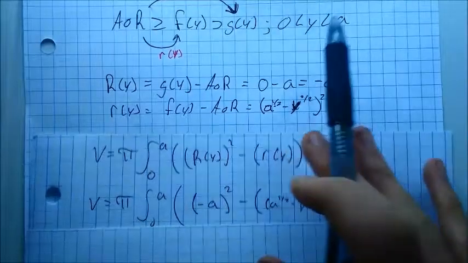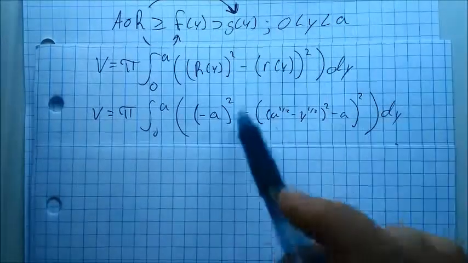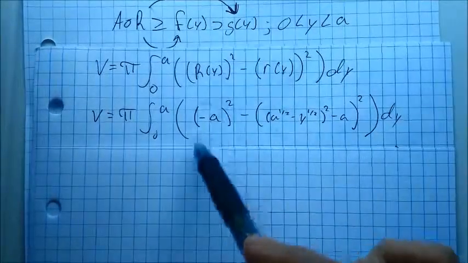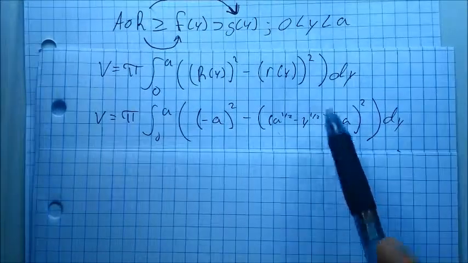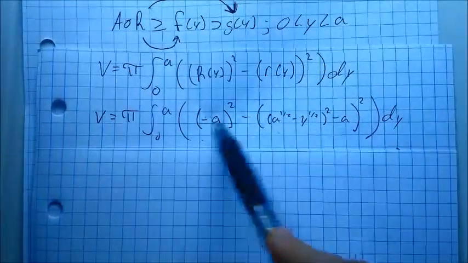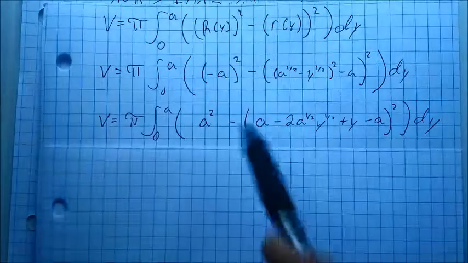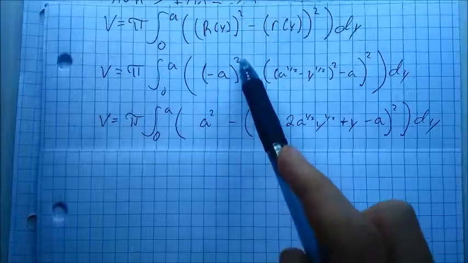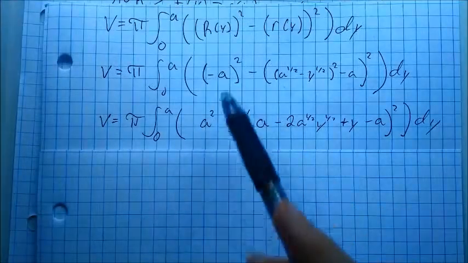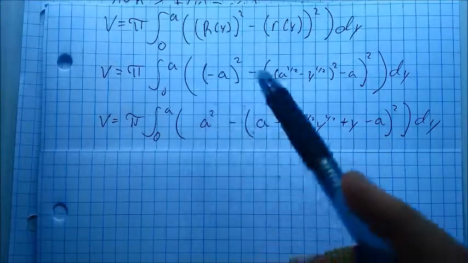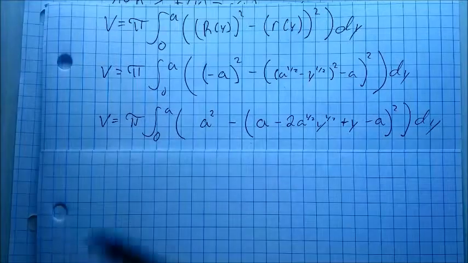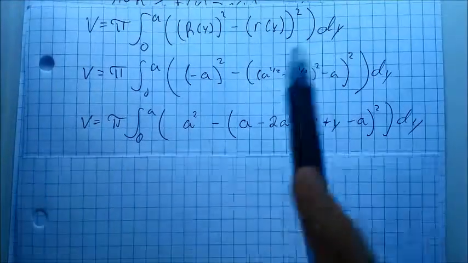So what we're going to do is substitute those in. So negative a for capital R and this craziness for lowercase r. That's all that happened here. No math was done. And so in this step, negative a squared is positive a squared because negative 1 times a, negative 1 squared is positive 1. You know how algebra works.